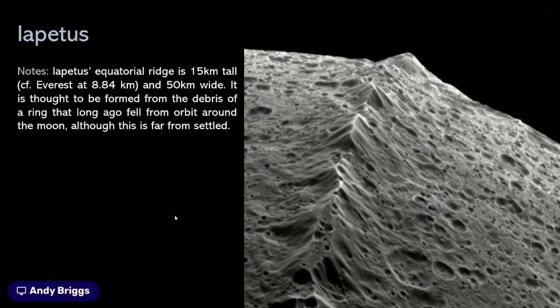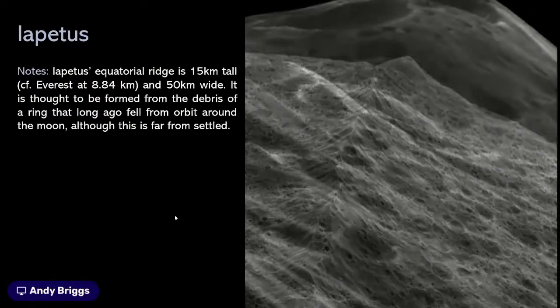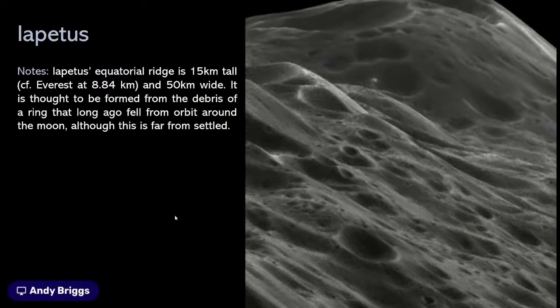This is an amazing image, but this image I absolutely adore, which is a close-up of that ridge. And I did feature this as one of my favorite space images when it was my turn, because this is such a beautiful, haunting image, and you can imagine exploring that amazing terrain. It's just absolutely stunning. So that's Iapetus.